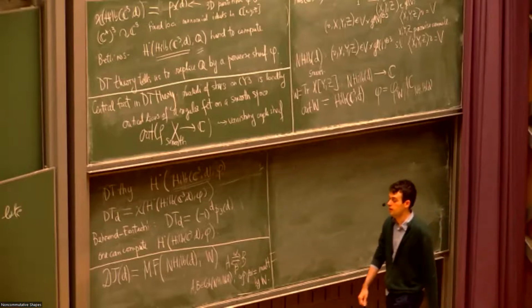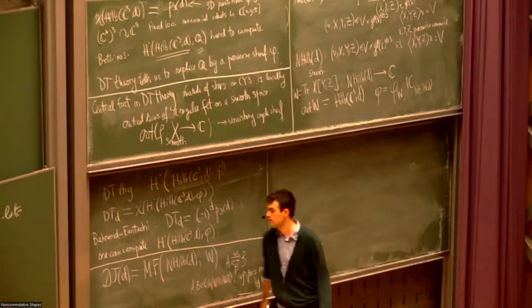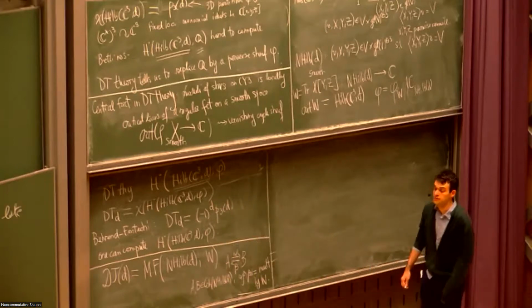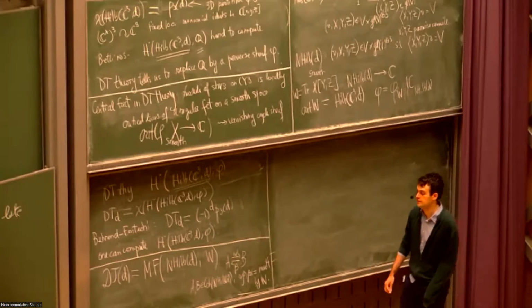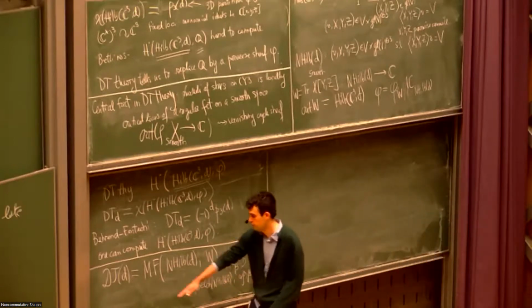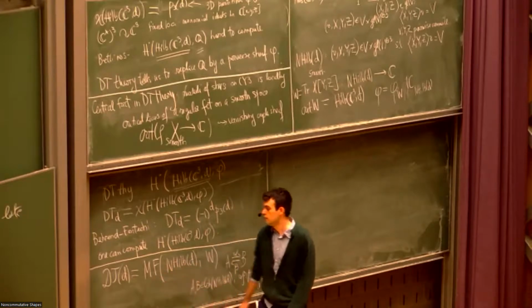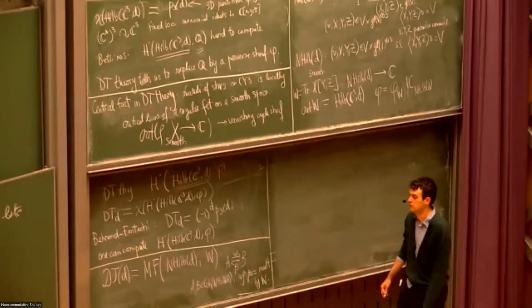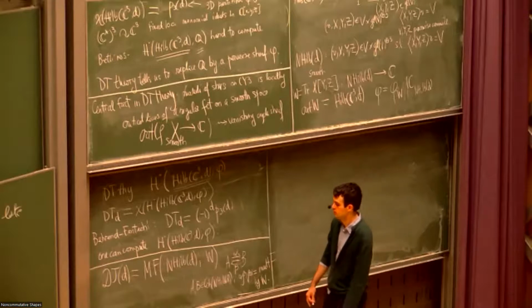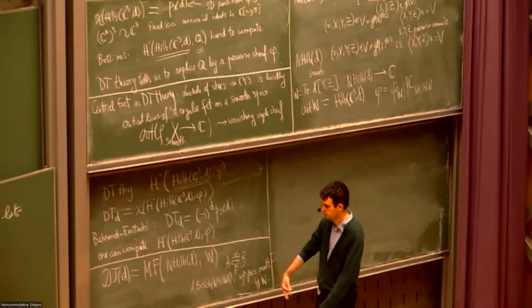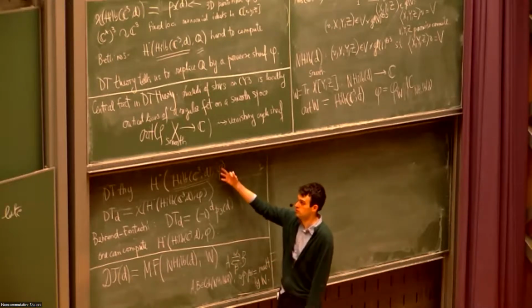And why are we looking at matrix factorizations? The reason is the theorem of Efimov that says that the periodic cyclic homology of matrix factorizations recovers the Z/2 periodization of vanishing cohomology.